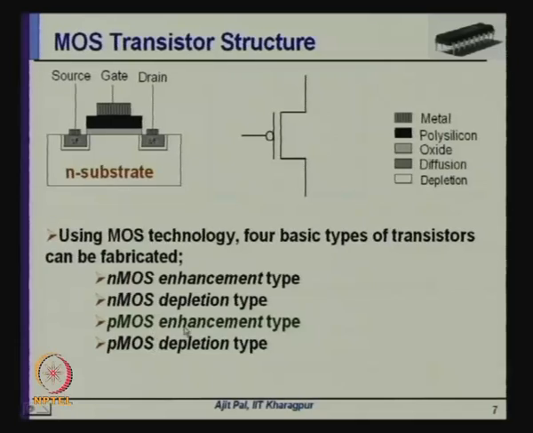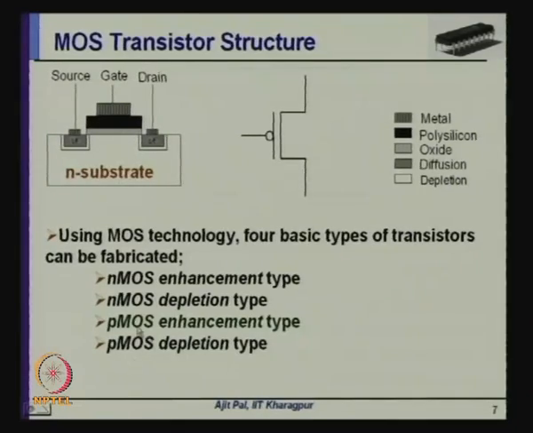Here also you have got two types, PMOS enhancement type. In this case there is no flow of current when the gate voltage is 0, but if you apply a negative gate voltage with respect to the source, and if the gate voltage is sufficiently high, it will induce holes in this region, and the holes will act as charge carriers between the source and drain, and current can flow between the source and drain.